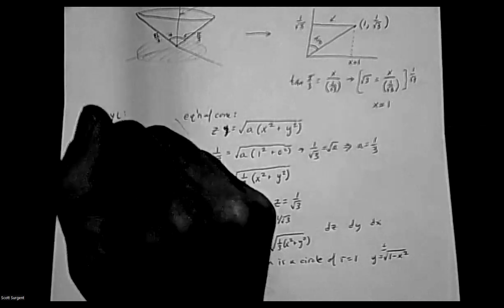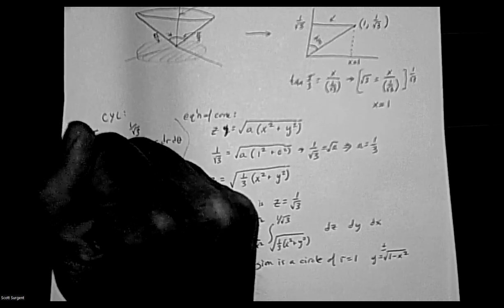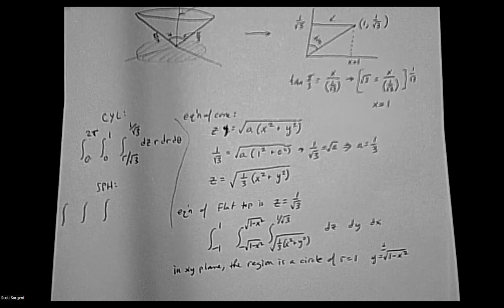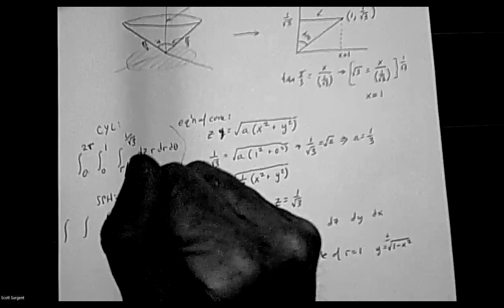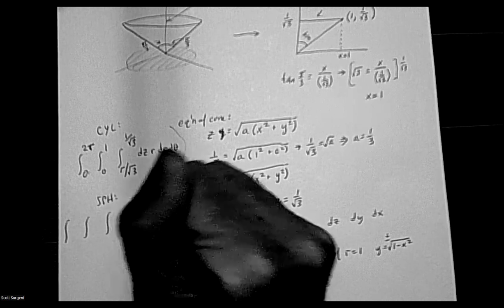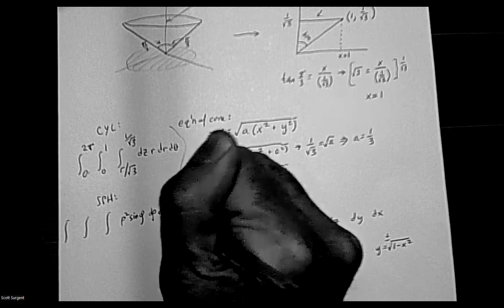Okay, let's go ahead and knock this one out of the park for spherical. All right, let's see if I can cram it in there. The Jacobian is going to be rho squared sine phi d rho d theta d phi.